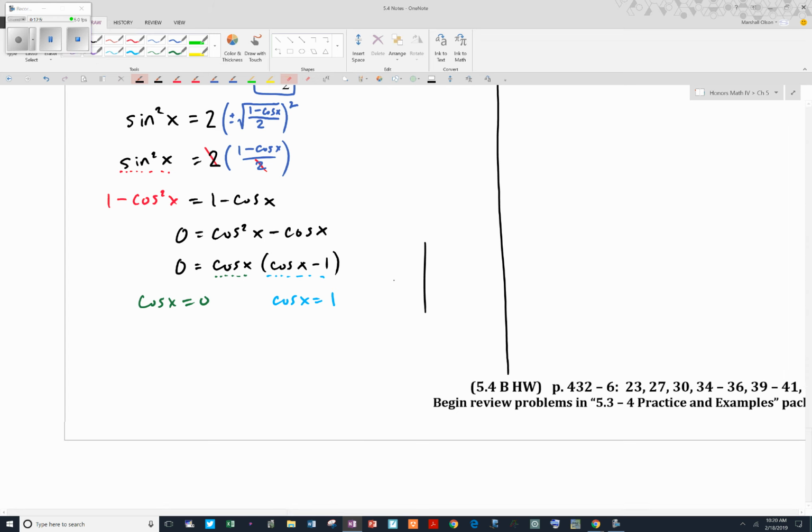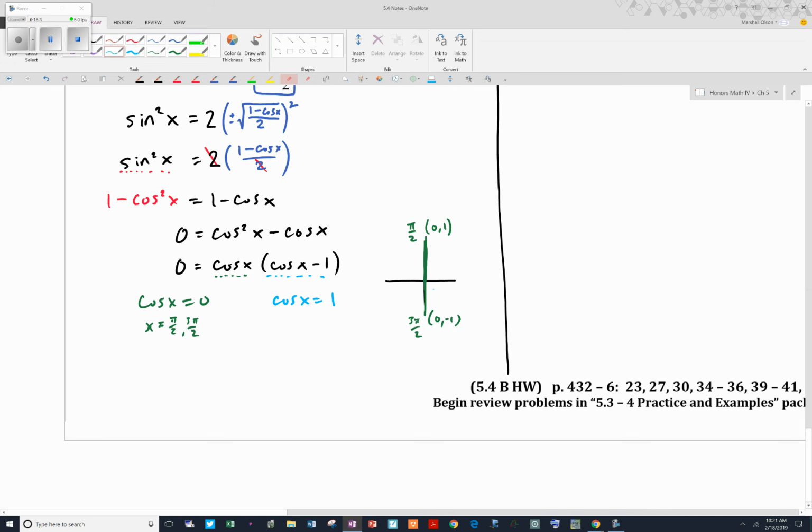Cosine equals 0 at pi over 2 and at 3 pi over 2 because we have 0 comma 1 and we have 0 comma negative 1. Those are answers to this one right here. I'm even going to write that over here. X equals pi over 2, 3 pi over 2.